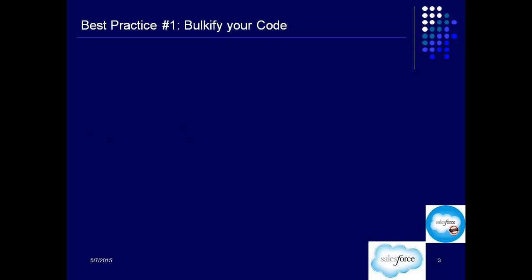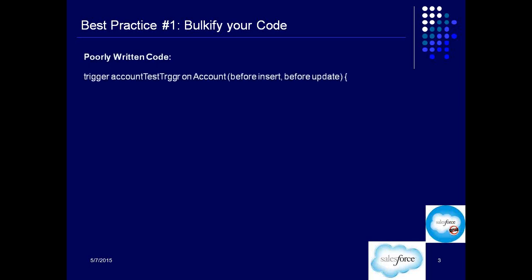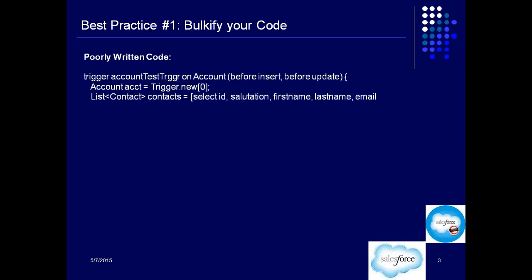First best practice is bulkify your code, which is a very common thing which we should do. So we should bulkify our Apex code. For an example, this is poorly written code. If you write this, this is poorly written code. This is not the right code.